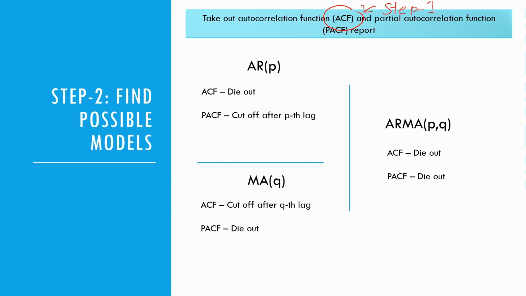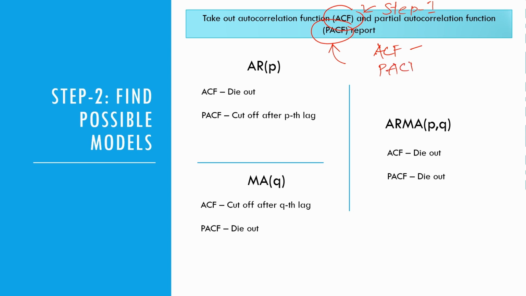In addition to this, you have to take out the partial autocorrelation function. Basically, all these are outputs of the software. You don't have to do anything. So using the software, you are taking out 2 reports. One is ACF, that is already taken out in step 1, and now PACF.